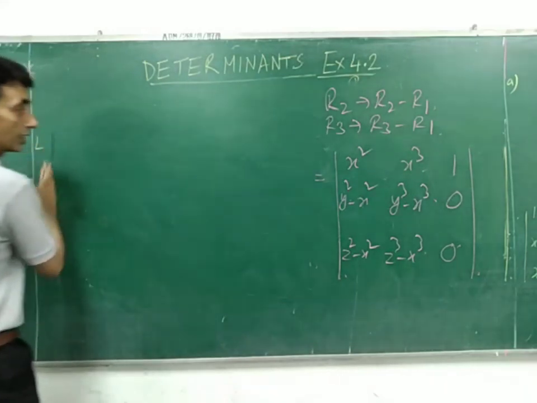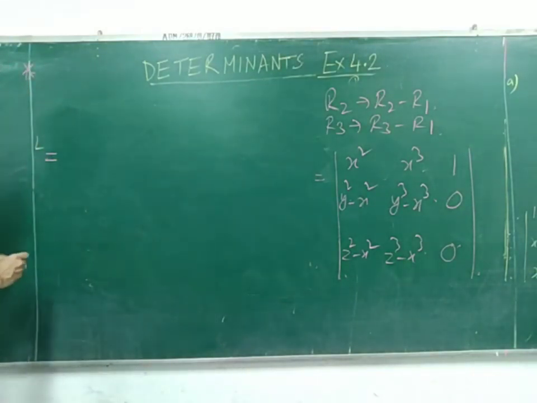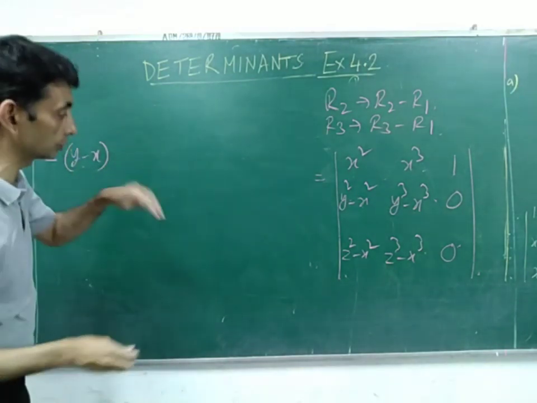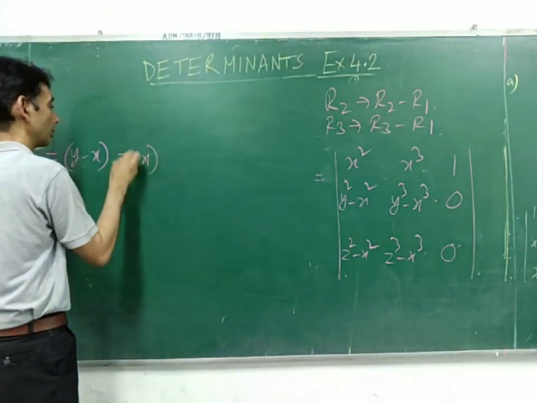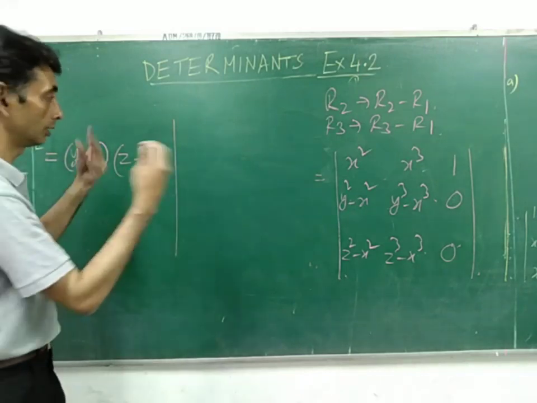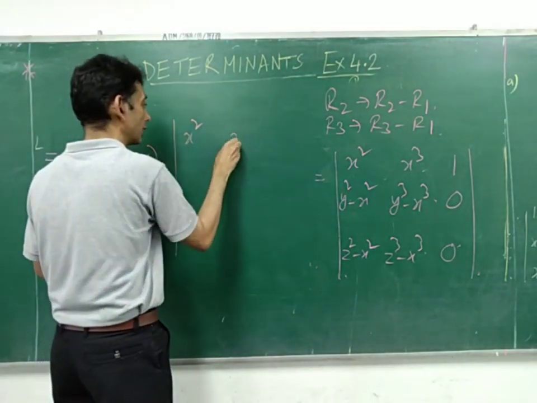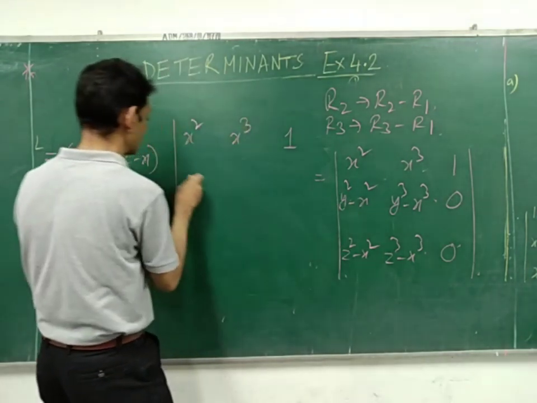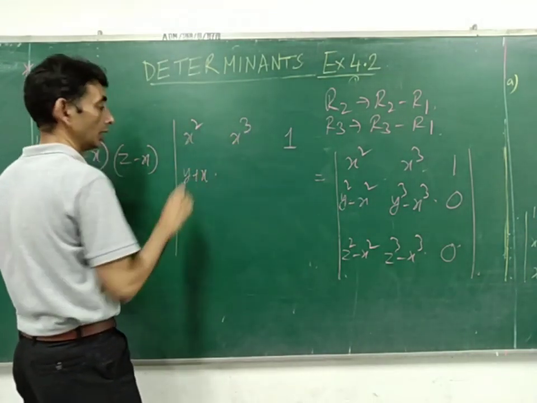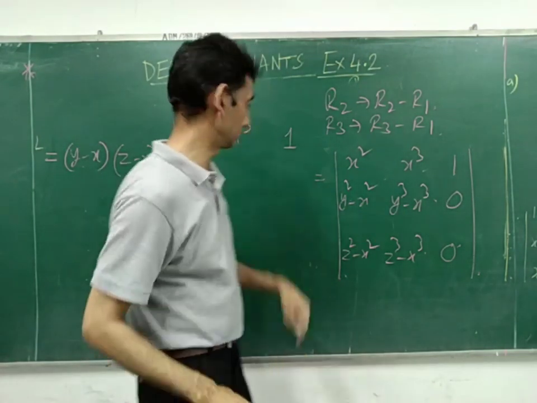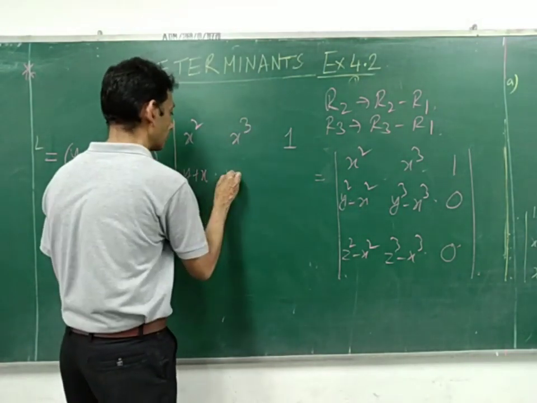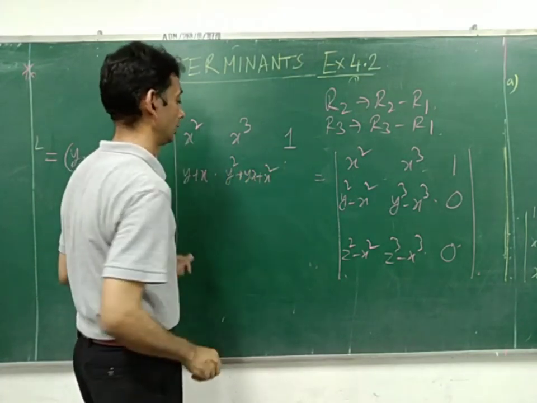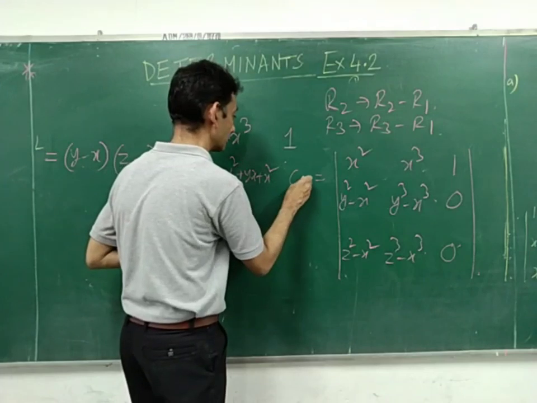So what is the next step? Y minus x we take common from row 2 and z minus x we take common from row 3. So what is left out? This is x squared, this is x cubed, this is 1. If we take y minus x common, y plus x is left out. From y cubed minus x cubed, it will be y squared plus yx plus x squared, and this is 0.